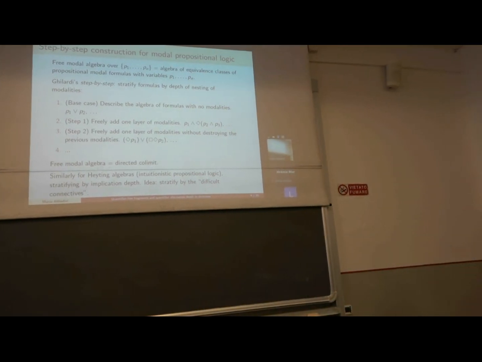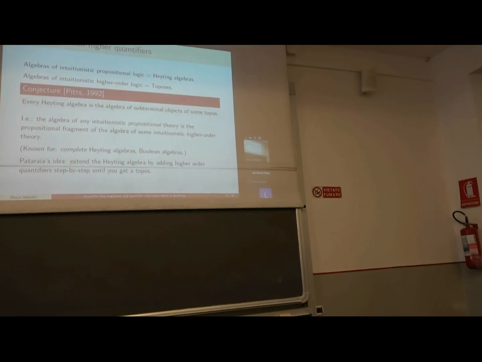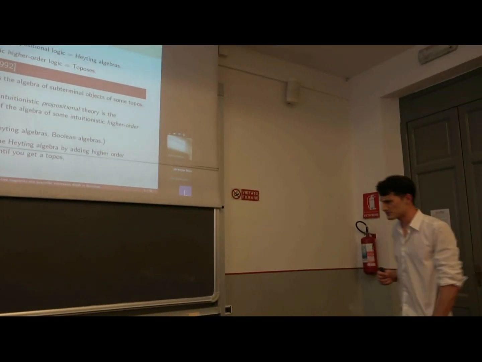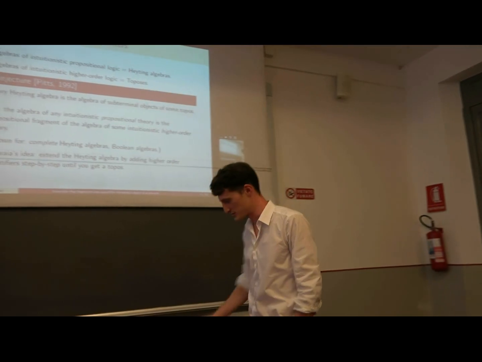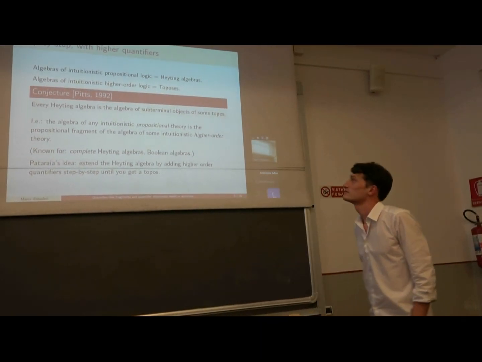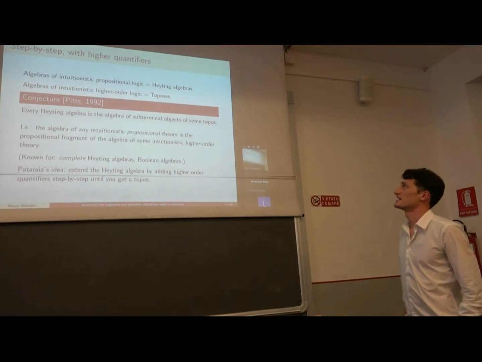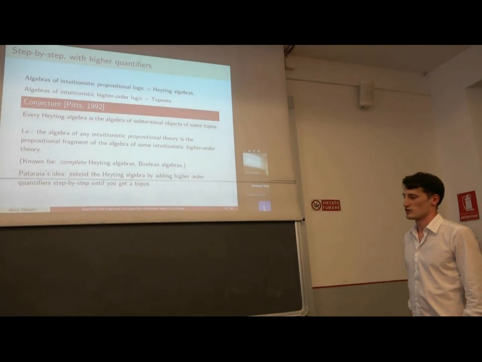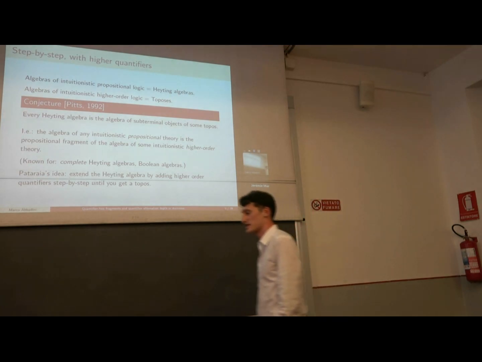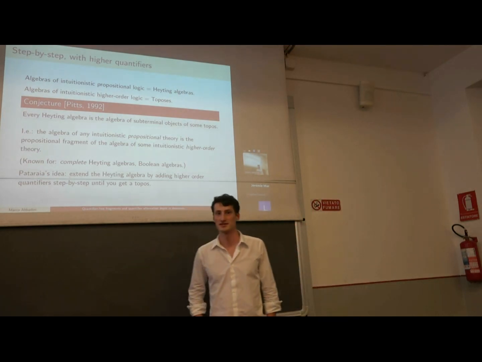Also, another example of this stratification is in the following conjecture. Now, the algebras of intuitionistic propositional logic are Heyting algebras. The algebras of intuitionistic higher order logic are toposes.